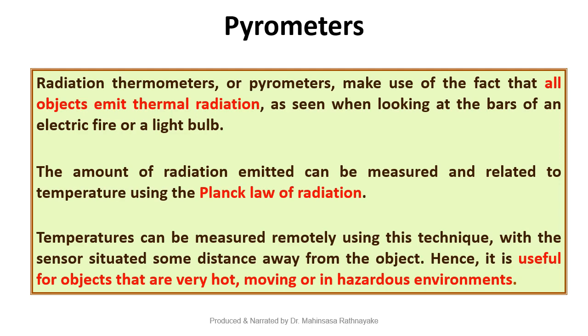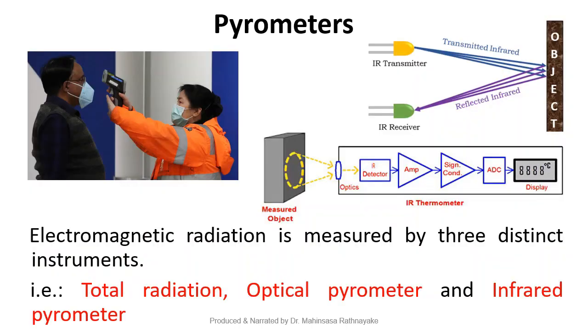Nowadays we know that the entire world is facing a huge crisis due to the COVID-19 outbreak. We have seen this picture, the measurement of body temperature of people to identify COVID-19 patients having fever.